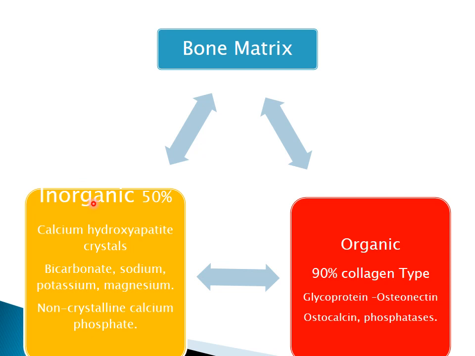Whereas the inorganic component of the bone is formed by the various minerals, in which the majority of the mineral is the calcium hydroxyapatite in the form of the crystals. And the other minerals are the bicarbonate, sodium, potassium, magnesium, and the non-crystalline form of the calcium and phosphate.